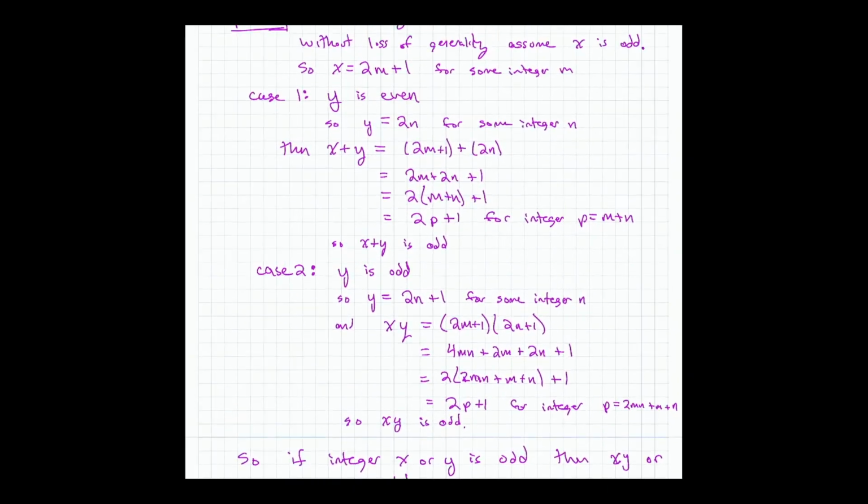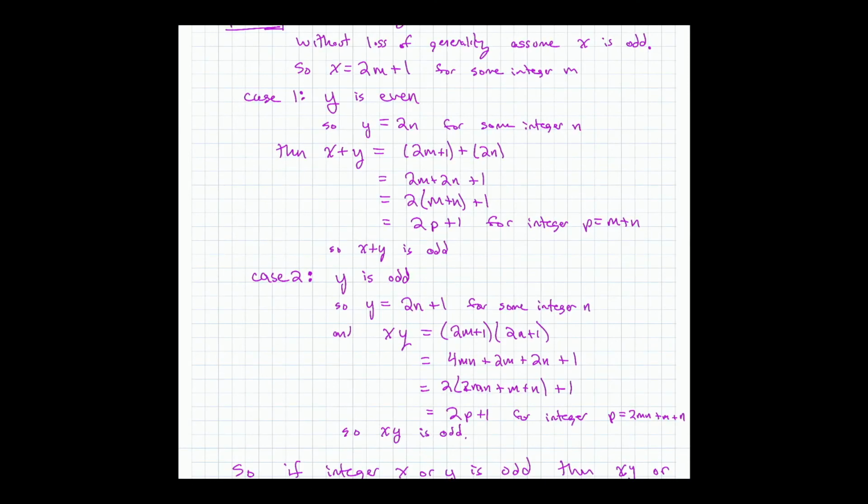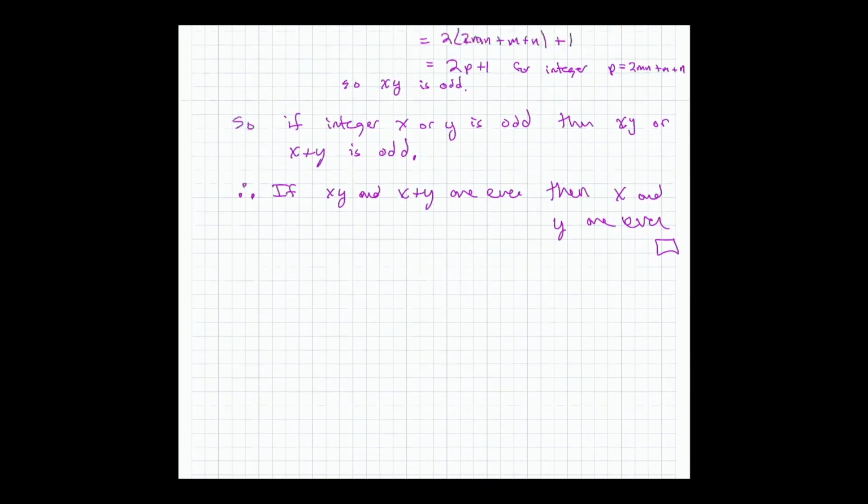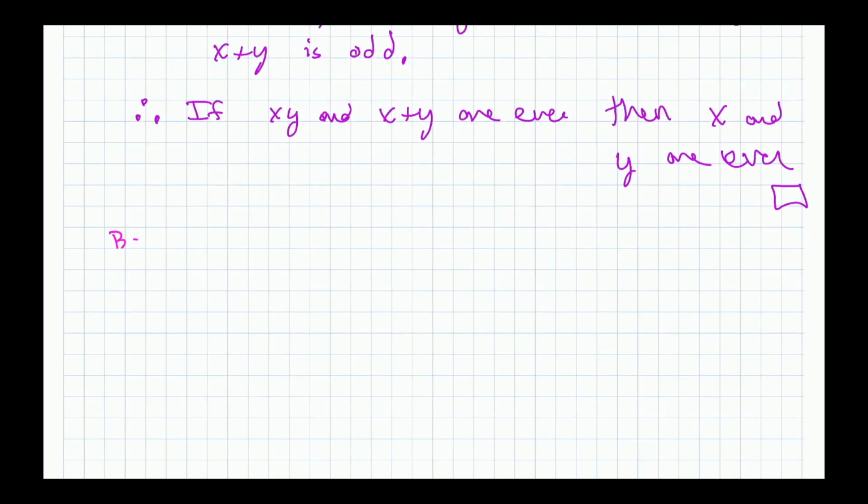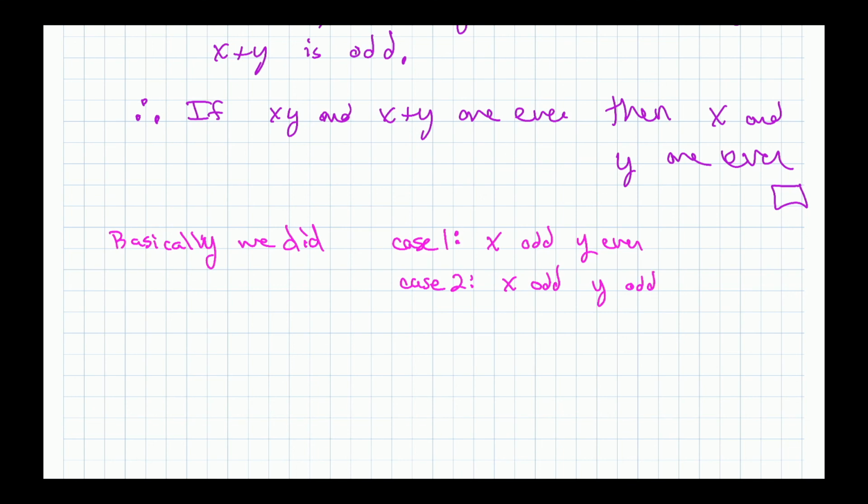So we did case one, right? Basically we did case one, which was x odd, y even, and case two was x odd, y odd, right? And so in both of those cases, x was odd.